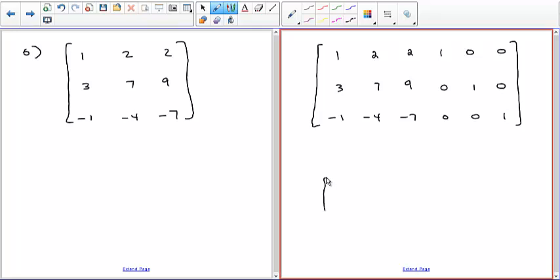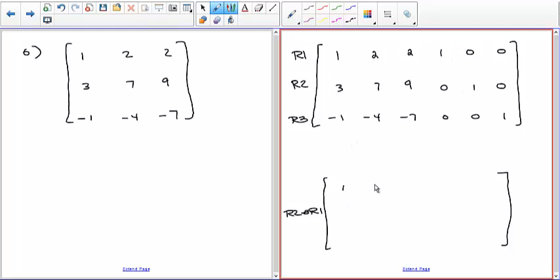So let's write our matrix out here, and this is row 1, this is row 2, this is row 3. So what we're going to do is we're going to replace row 2 by taking row 2 and subtracting 3 times row 1. So that if we take 3 times this row and subtract it from row 2, then we're going to get 0.